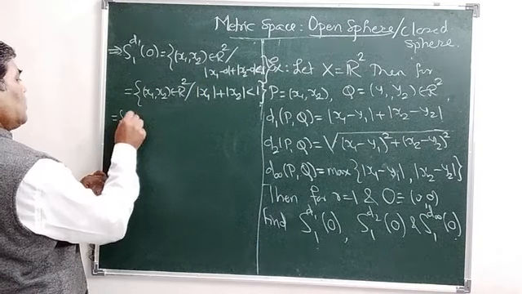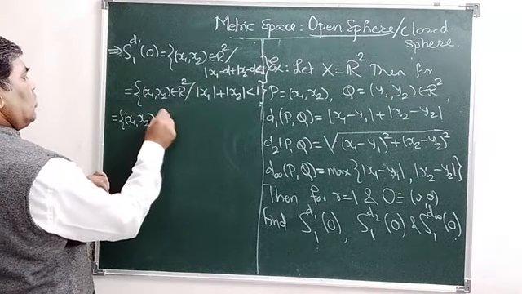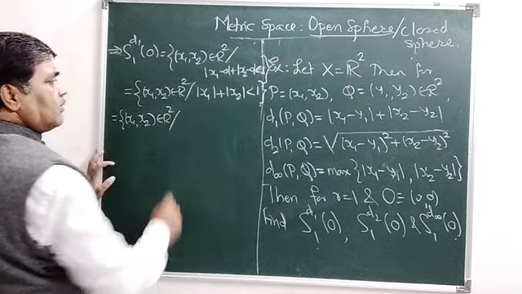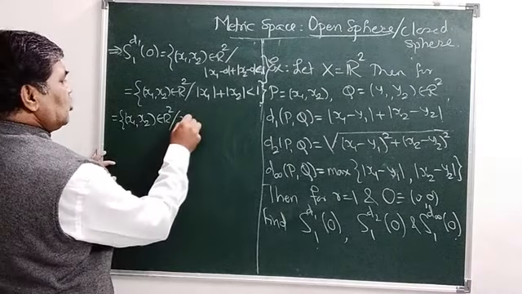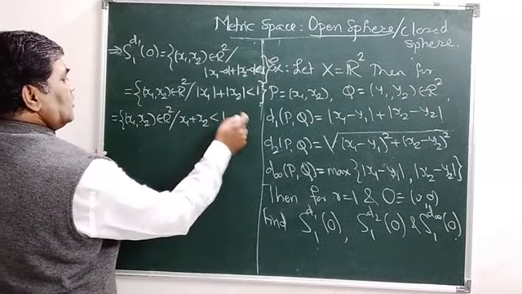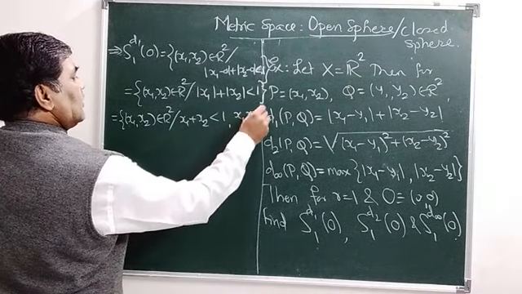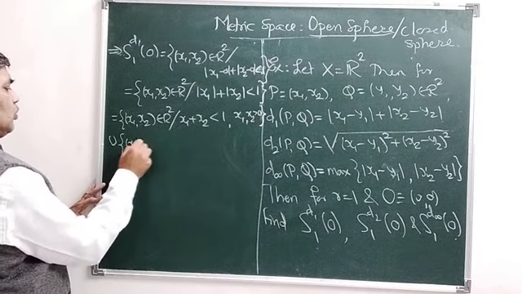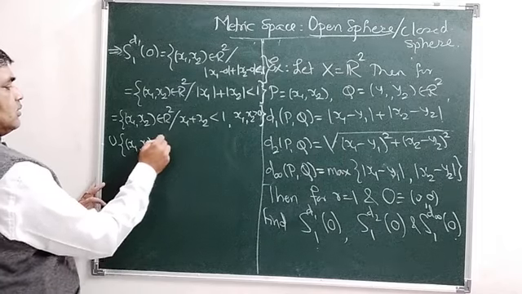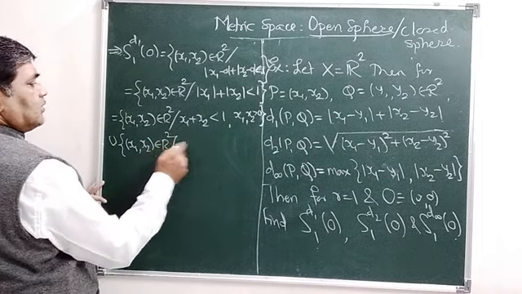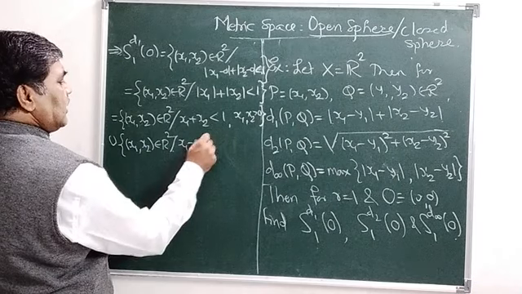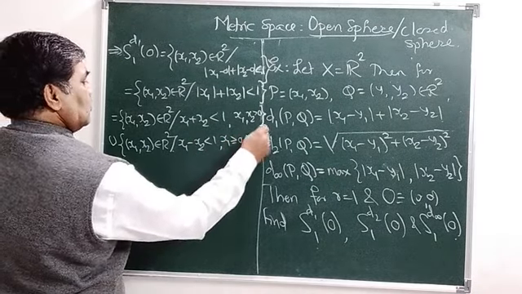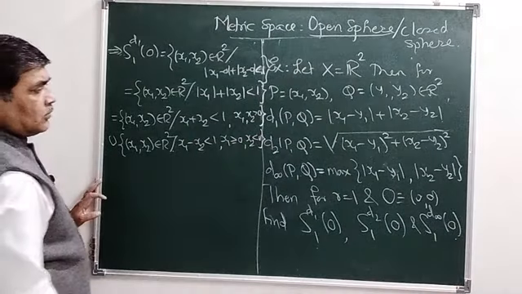Now what is this set? It is the set of (x1, x2) belonging to R2 such that, if x1 and x2 are positive numbers, x1 plus x2 is less than 1, where x1, x2 are greater than 0. Union the set of (x1, x2) such that x1 minus x2 is less than 1, where x1 is positive and x2 is negative.